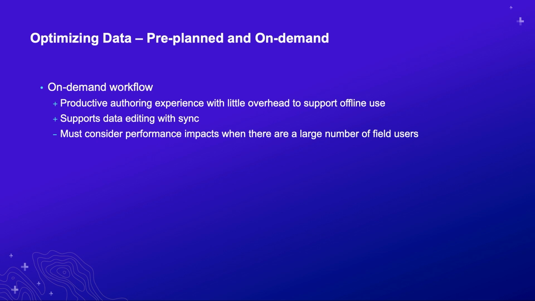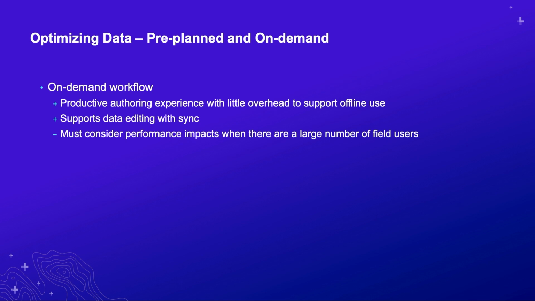The thing that you've got to be aware of with on-demand workflows is how many users you are hoping to support, and when are they likely to be going offline? Because if you've got a large number of users and they're all going offline at the same time, for instance, at the start of the workday, the server is going to be generating a lot of offline maps.